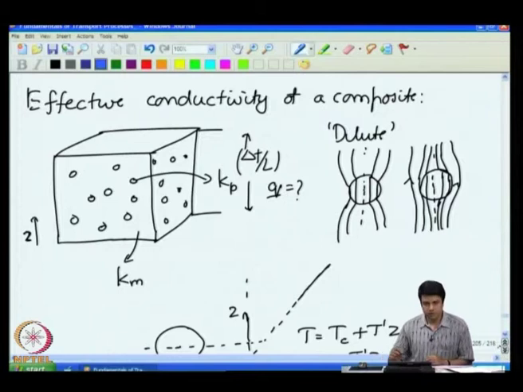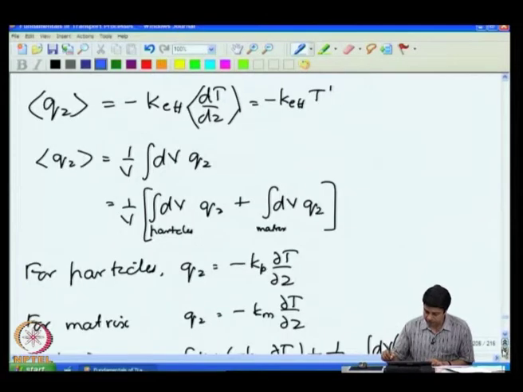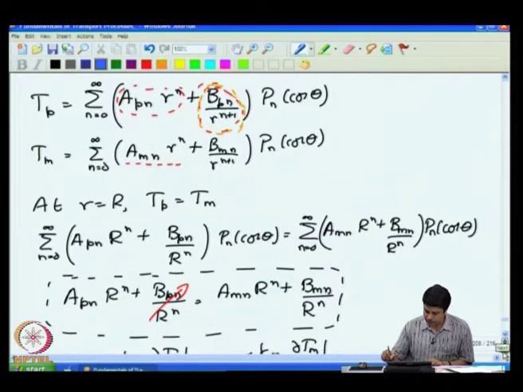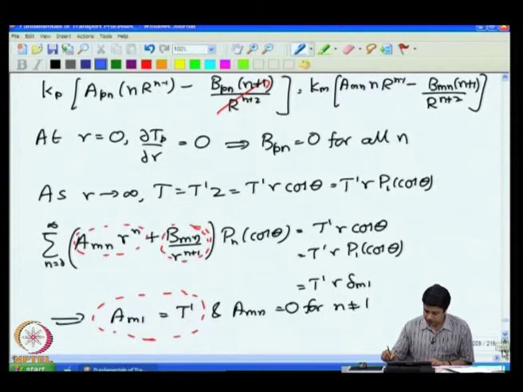And then we had solved for the effective conductivity of a composite, where the temperature far away from the sphere was proportional to z itself. In that case, we got solutions only for n equal to 1. That was because the forcing was of that form.